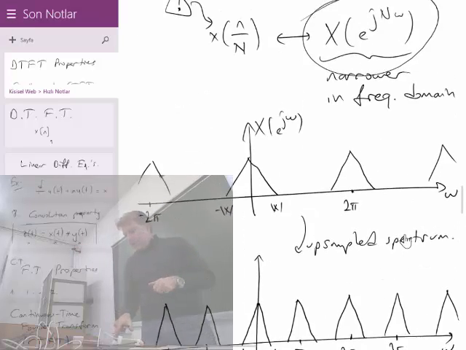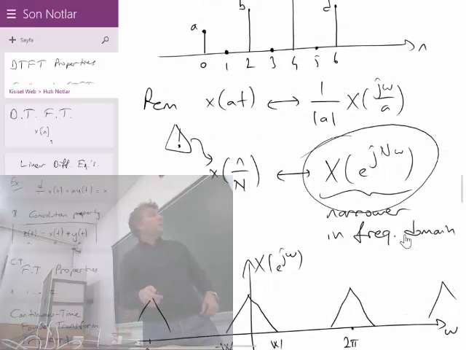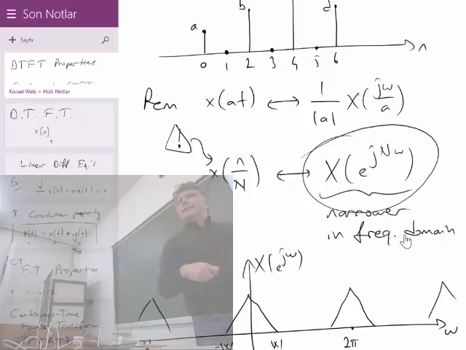And if you try to apply the similar strategy and say that this is x of capital N times n, therefore, in the Fourier domain, I would expect something like capital X of omega over N, right? Or omega over 2, for example, if it's a downsampling by a factor of 2. But the problem, as I have mentioned, is about the 2 pi periodicity of capital X of omega over 2. If x of omega is 2 pi periodic, what is the period of x of omega over 2 on the omega domain?